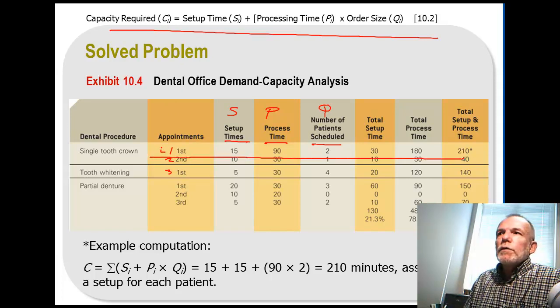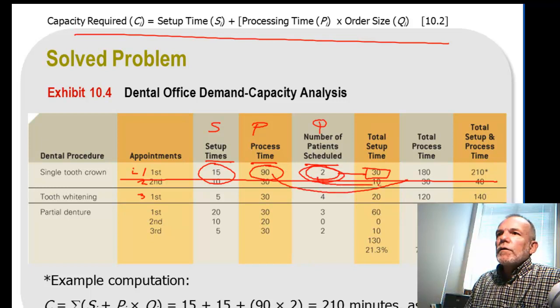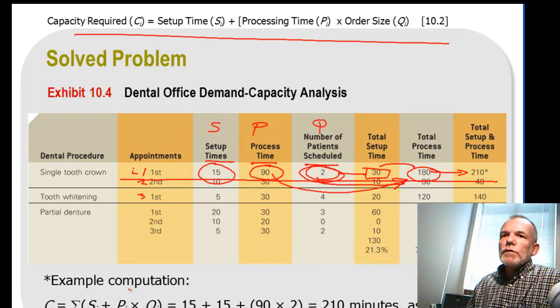If we just take one of these rows as an example of how to compute this total time, we have the setup time S times the number scheduled, and so the 2 times the 15 gives us the 30, and then we have the processing time P times again the number scheduled, and so these two give us 180, and then adding together these 2 times is what gives us the 210.